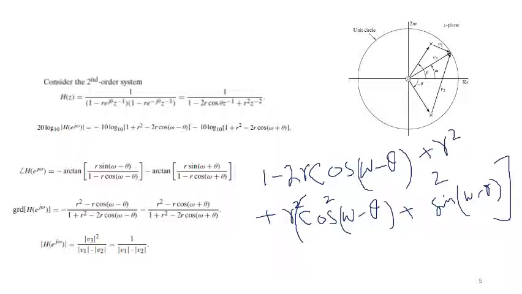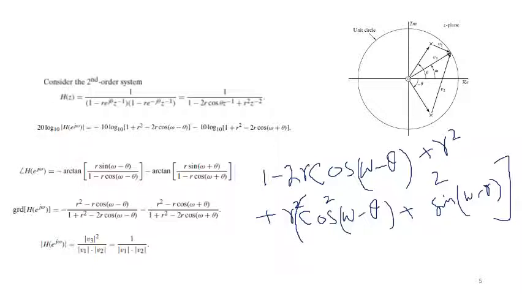Now we are taking the dB. In dB, we are basically taking the log, and the log of two things that are multiplied is equal to the summation.